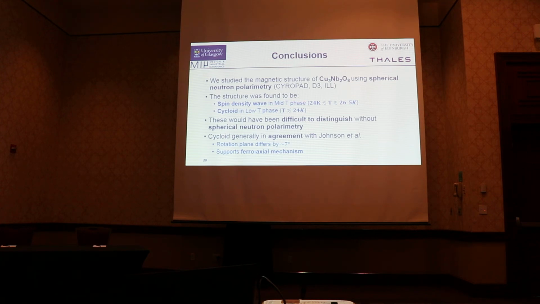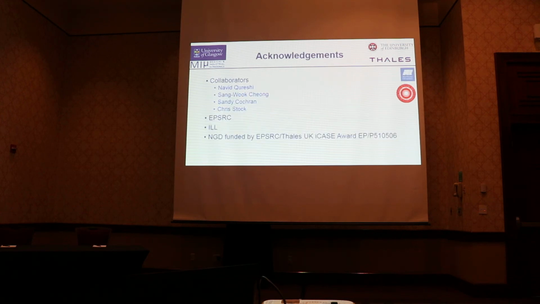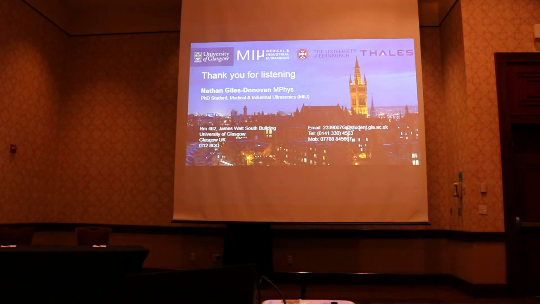I'd just like to highlight that without spherical neutron polarimetry, this would have been quite difficult, but because we had all the information about all the polarization rotations, it was relatively simple. And our low temperature data is in agreement with the literature, which gives us confidence in presenting the middle temperature range, even though it's a bit out of the ordinary. So I would like to acknowledge collaborators and funding and say thank you for listening to me.